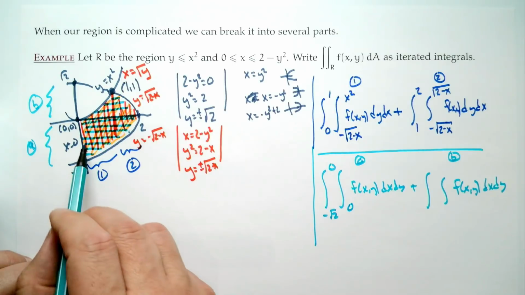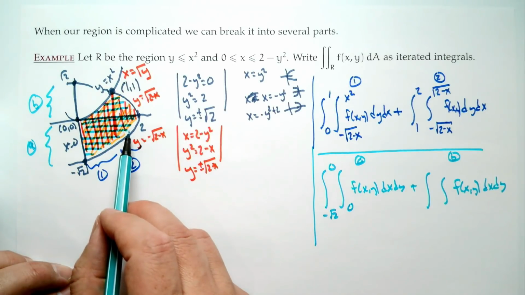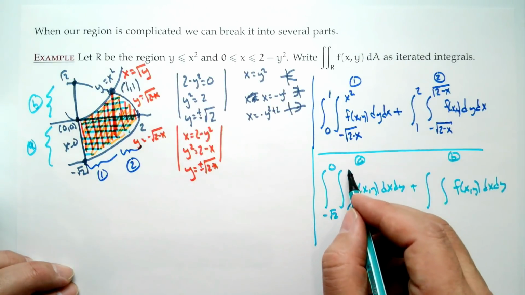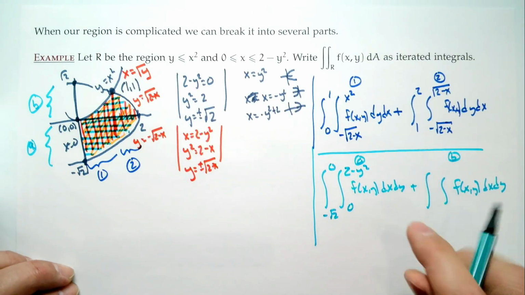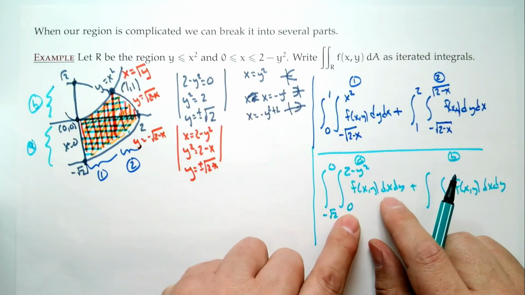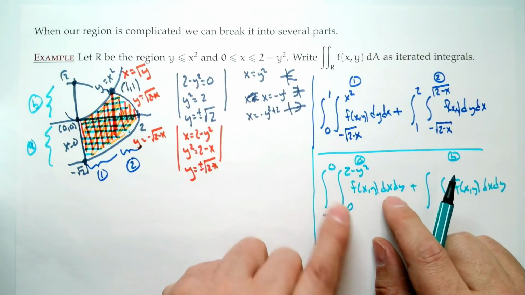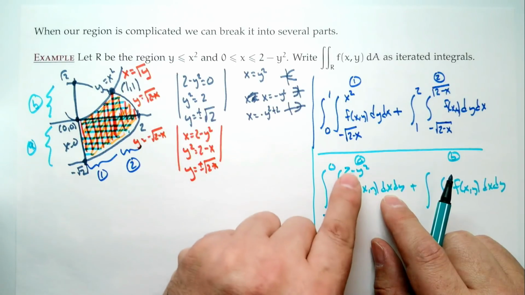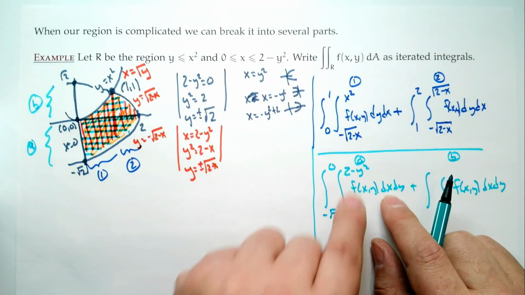And on the right, 2 minus y squared. Yes. One thing you should think about is what I should have here. Because the inner integral is with respect to x, this should be x equals something. So x equals 0 to x equals 2 minus y squared.